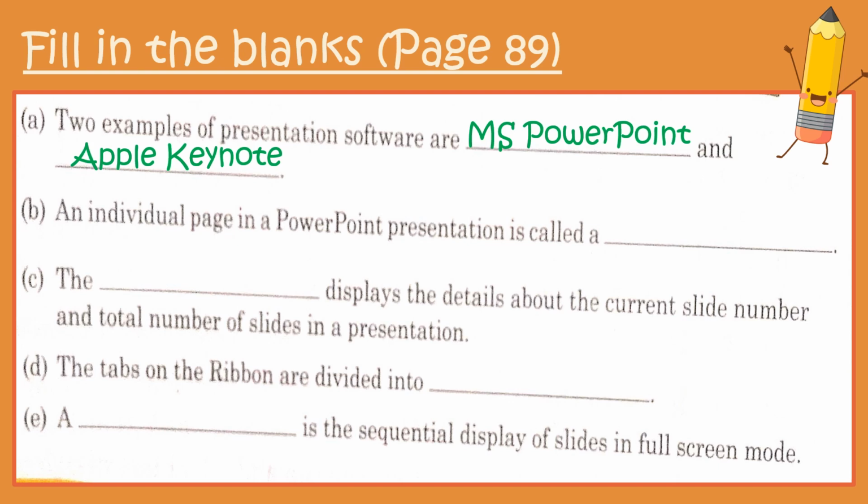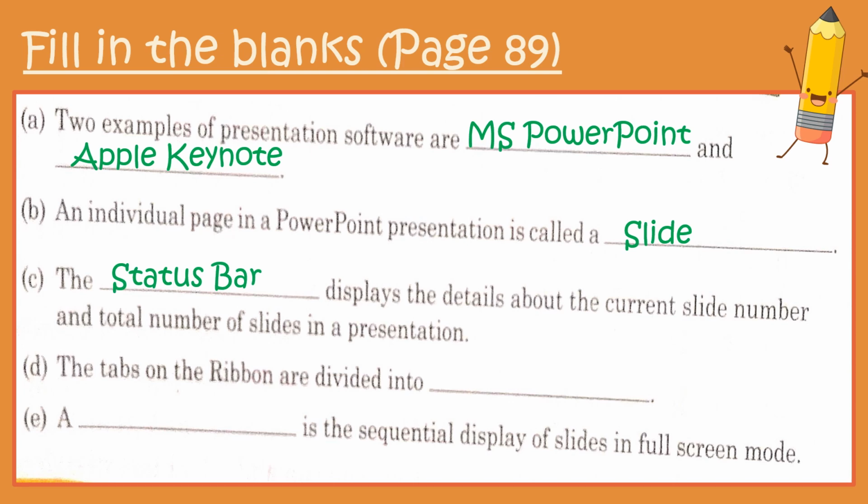Next is: an individual page in a PowerPoint presentation is called a dash, a single page. An individual page means a single page in a presentation is called a slide. The dash displays the details about the current slide number and total number of slides in a presentation. These details are displayed on the status bar.